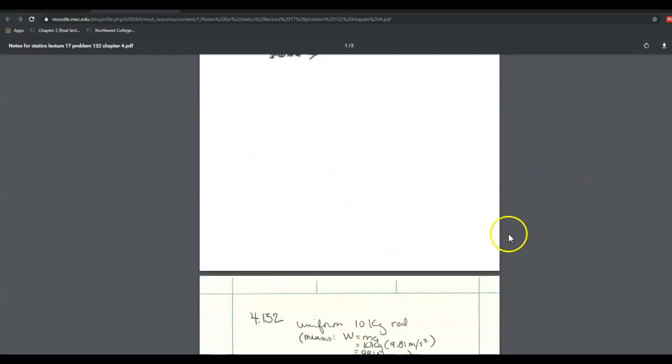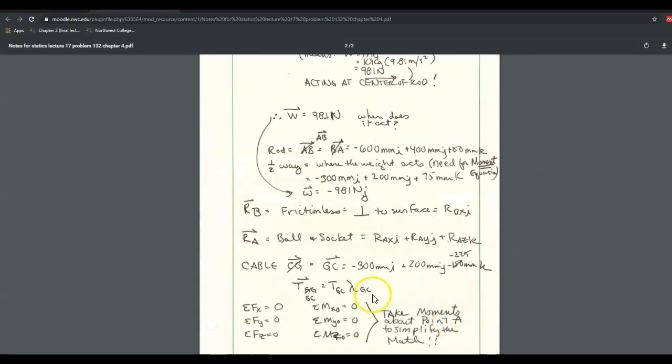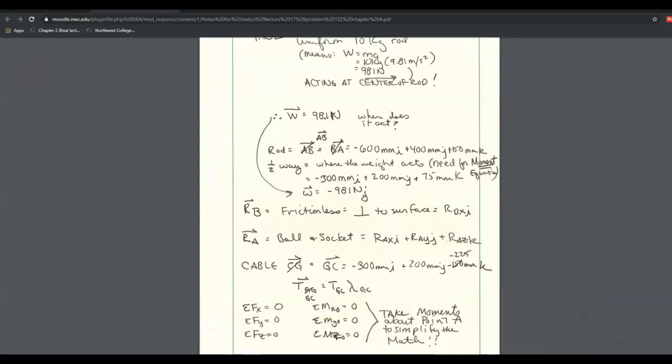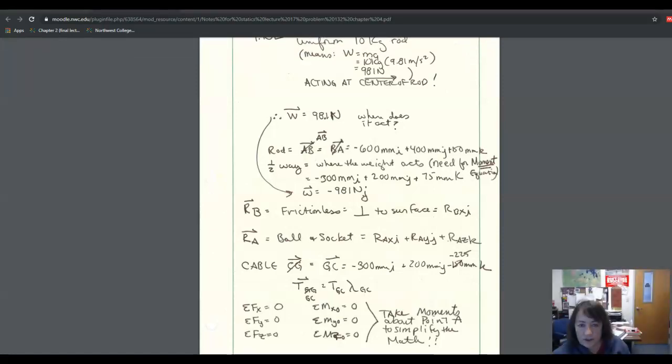So the mathematical simplification is, first of all, to take the moments about point A, and then second of all, to just do the moment equations and see if you get enough information to solve for those 3, which you will. But you won't get anything out of the x, y, and z force equations that will allow you to make the solution.